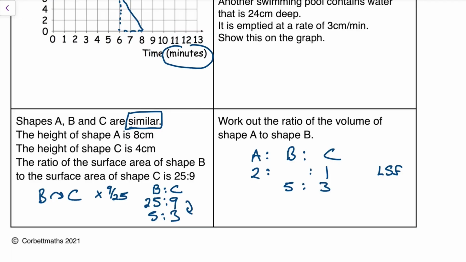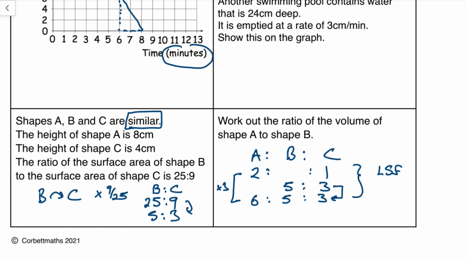The problem is I need this to be one ratio. So I'm going to multiply this one by 3. So multiply this one by 3, which is going to be 6 to 3. And I'm going to multiply this one by 1, which is going to give me 5 to 3. I finally got here. You can almost hear my brain working through this question. So therefore, I've got the length scale factors in terms of one ratio, which is going to be this ratio here.